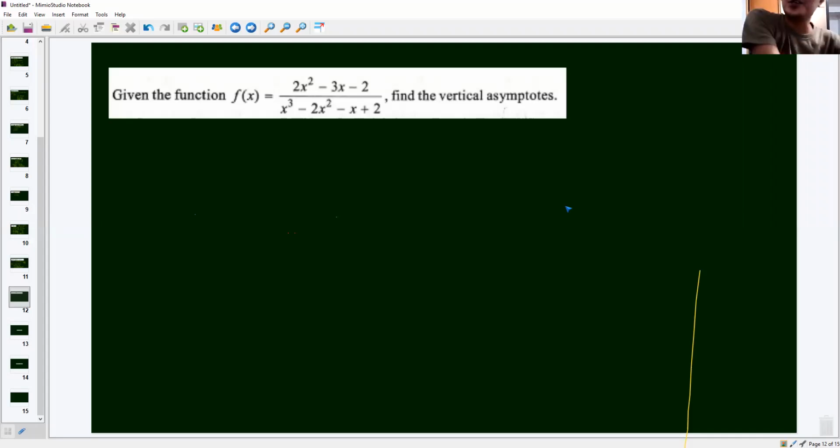Okay, let's answer this, guys. Una muna, you know that every value that can make the denominator undefined is a vertical asymptote. So meaning your factoring is required here. Pwede ka mag-factor sa scratch paper.